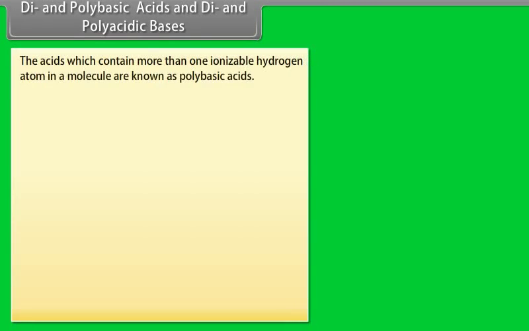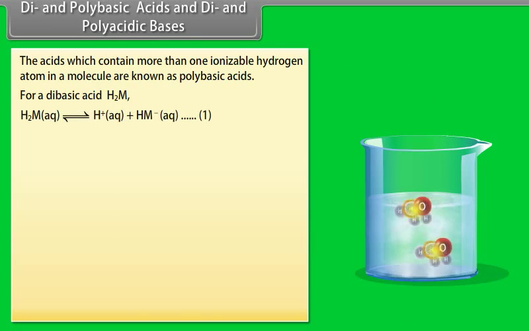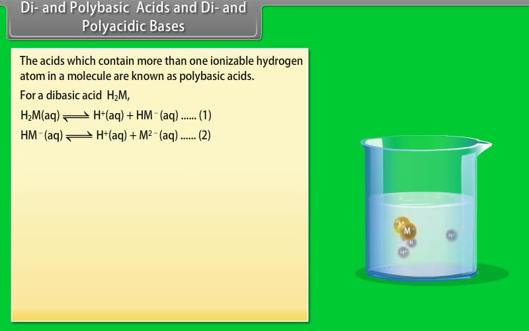Di- and polybasic acids and di- and polyacidic bases. The acids which contain more than one ionizable hydrogen atom in a molecule are known as polybasic acids. For a dibasic acid, H2M, name the first ionization reaction 1 and the second reaction 2.